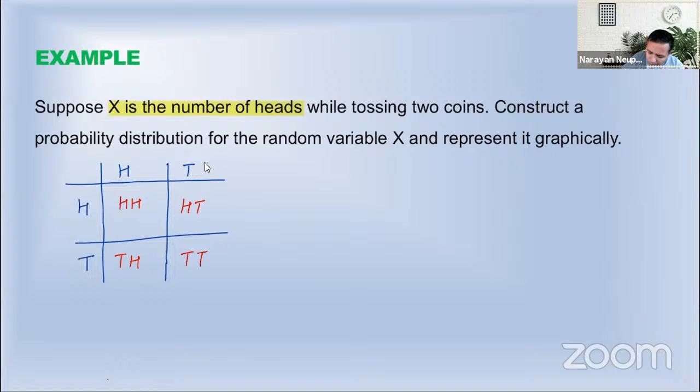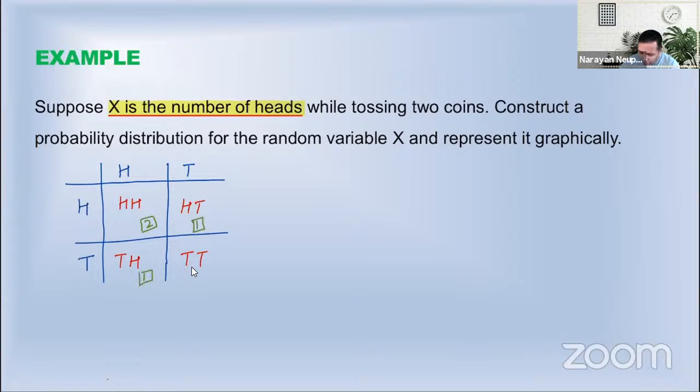Now what we are looking for is X, the number of heads. In this sample space, if you count how many heads there are, in the first one there are 2 heads. In the second, there is 1 head. Here we also have 1 head.